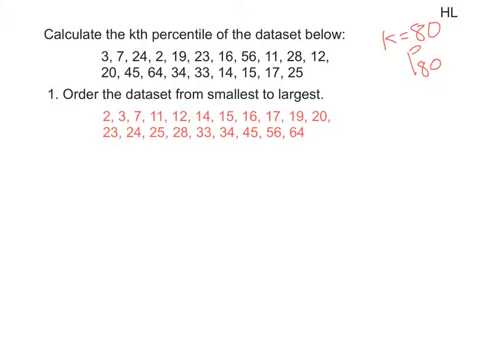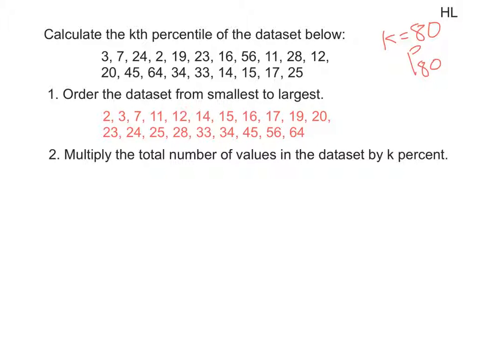The next step is to multiply the total number of values in our dataset, which we refer to as n, by k%. In this case, our dataset has 20 values, so n is equal to 20. We want to multiply this 20 by k%.